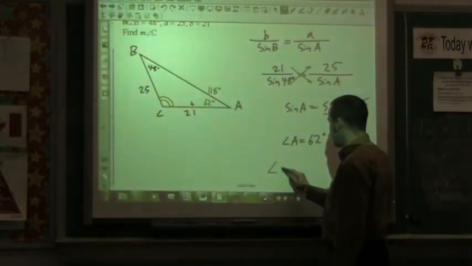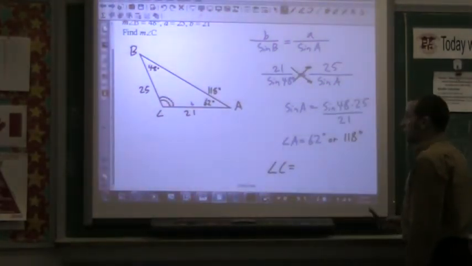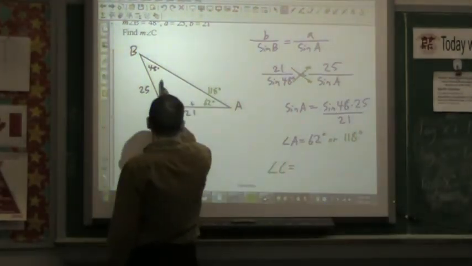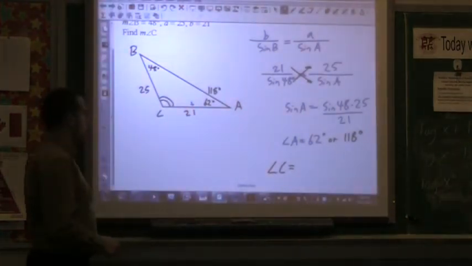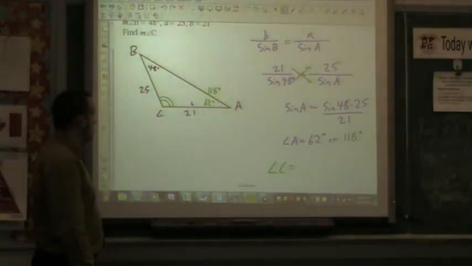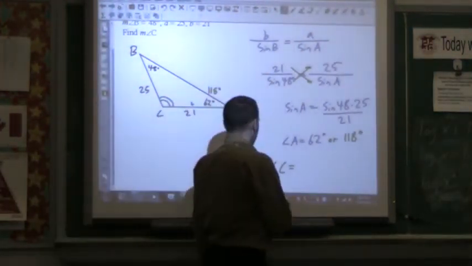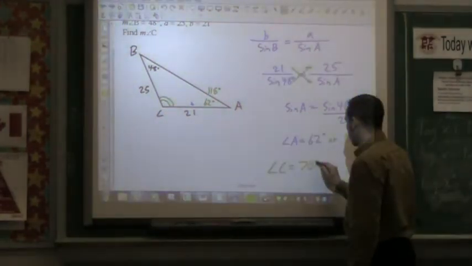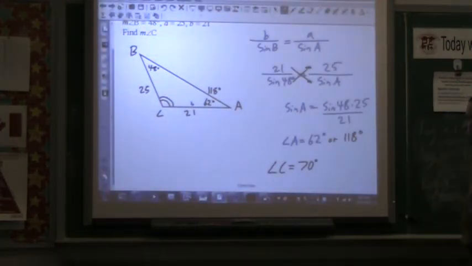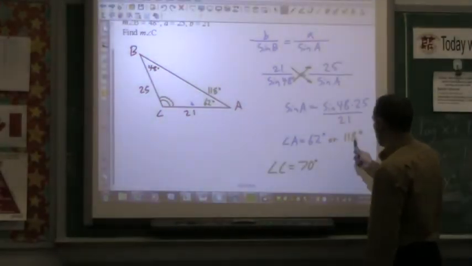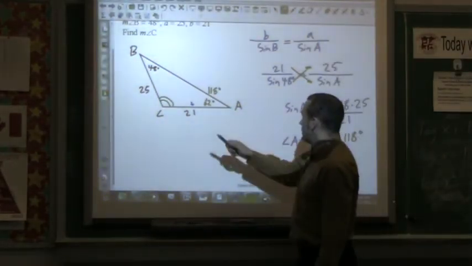So then angle C could be 180 minus my 48 and 62. So 48 and 62 gives me 110. 180 subtract 110 gives me 70 degrees. And the other possibility is that A could be 118 degrees.